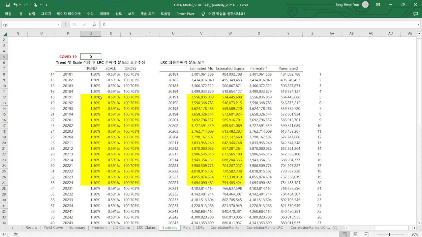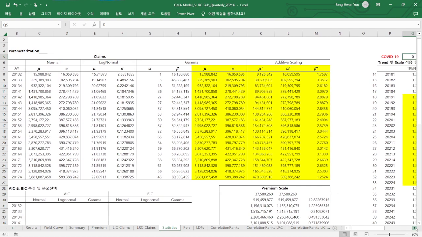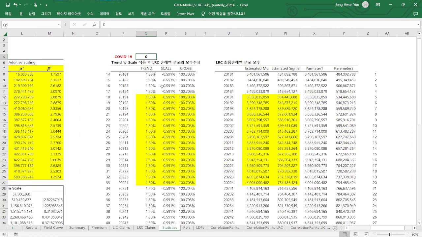And if I don't apply the COVID-19 effect, how does it look? Because I don't have any data beyond this, for those parameters that I estimate from the historical sample data set, I just apply the adjustment on the trend factor and scale.